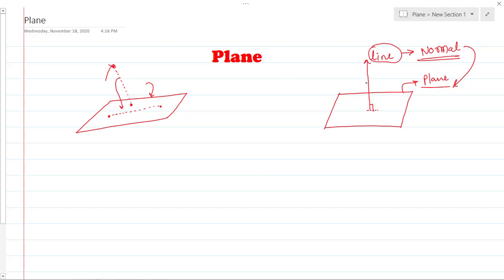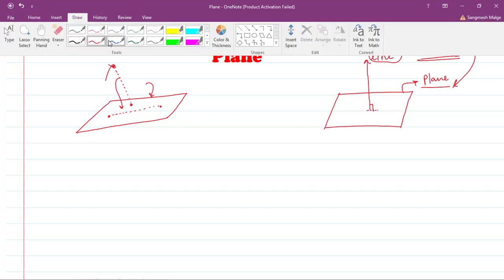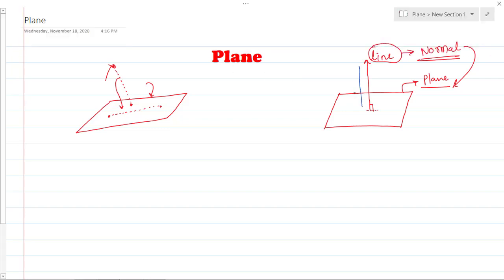Yes, of course, there are n number of normals we can draw to the given plane. All are perpendicular, so these all can be taken as the normal to the given plane.